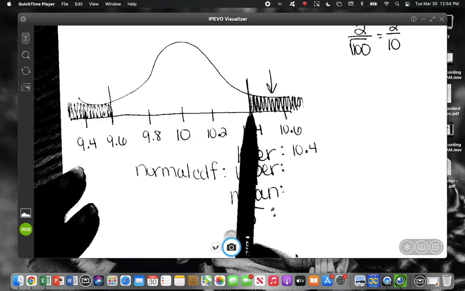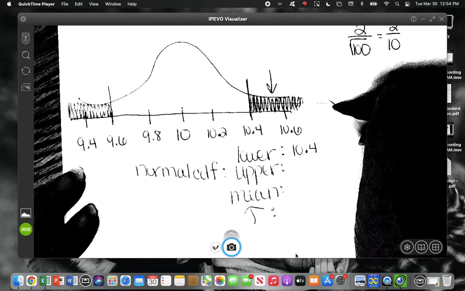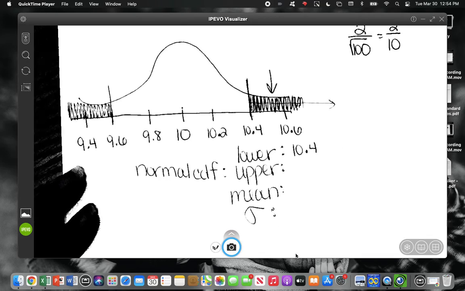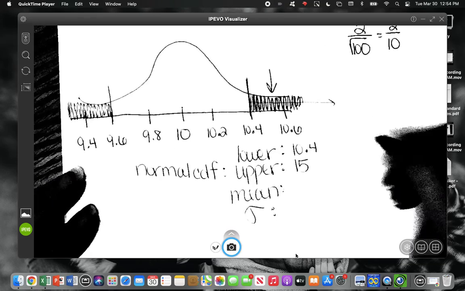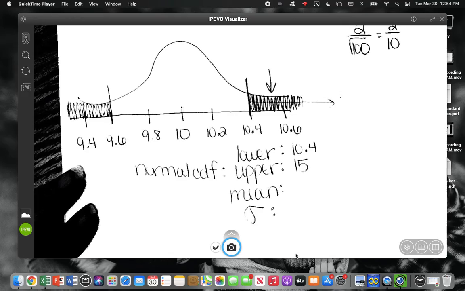Now this one's going 10.4 and up. What's a number that's... I put 12. You put 12? I mean, 12 would be fine. Now, is 11 probably too close? 11's probably too close. I would say if you pick anything beyond 12, I don't know, let's just pick 15, just for fun. So you can pick any number for your upper that's way off the graph.